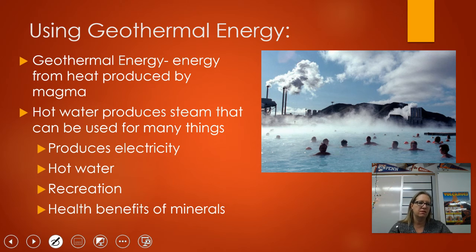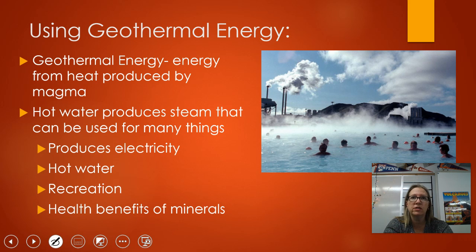And then the hot spring that's seen there has a lot of, I can't remember what kind of mineral it is, but it actually has really good health benefits for people that suffer from psoriasis, which is a skin disease, I guess, a skin irritation. But the minerals that are in that hot spring really improve the psoriasis and help take it away from some people. So anyway, fun fact.